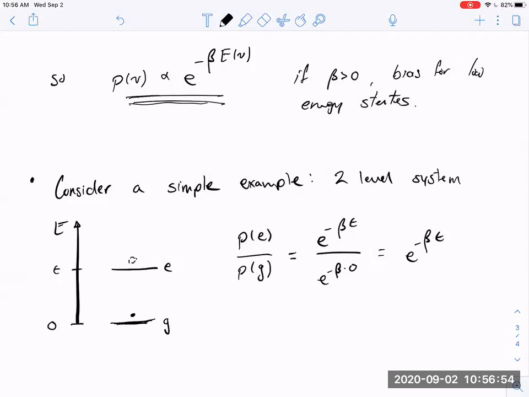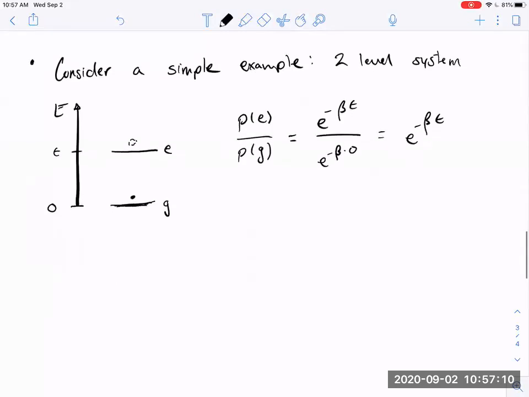So indeed, provided epsilon is positive and beta is positive, the relative likelihood of finding the system in its excited state is exponentially suppressed with epsilon, with its energy. We can work out a couple limits to get some more intuition.